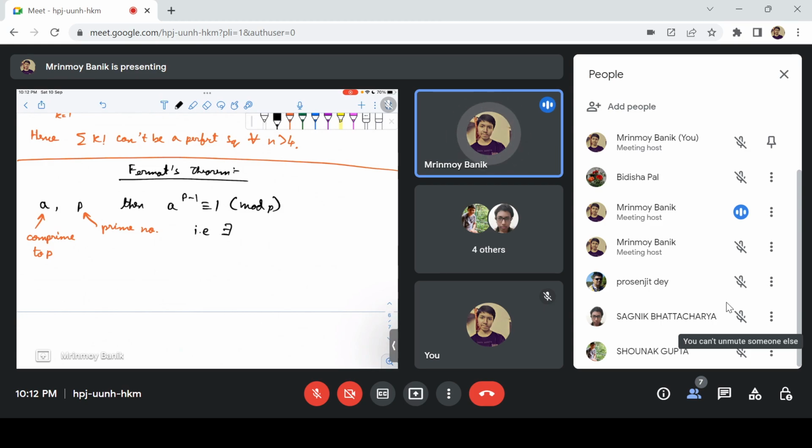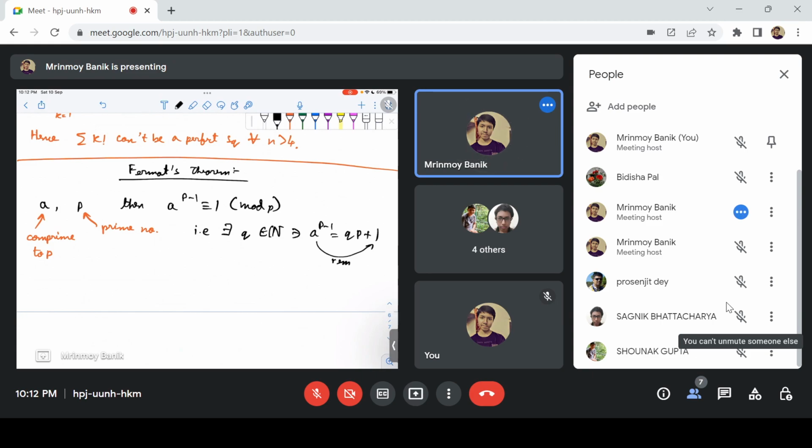That is, there exists q in N such that a power p minus 1 is equal to qp plus 1. So a power p minus 1 gives remainder 1. So that's pretty nice to be true, since that says we can always find the power of a, if p doesn't divide a, such that it gives a remainder 1.